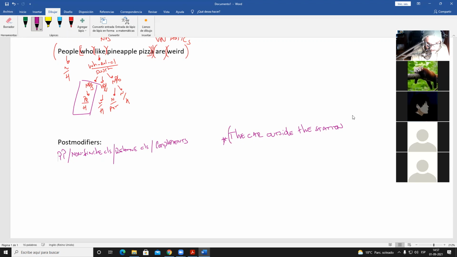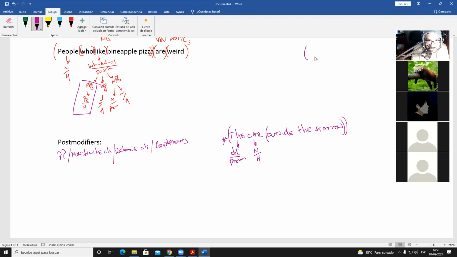Okay, so the car outside the station. The most important word is car, and in front of that, we have this determiner pre-modifier, but then we have outside the station. As outside the station comes, at the very beginning what we have is a preposition, so we will say this is a prepositional phrase. Therefore, as a phrase, we're going to separate it by round brackets.